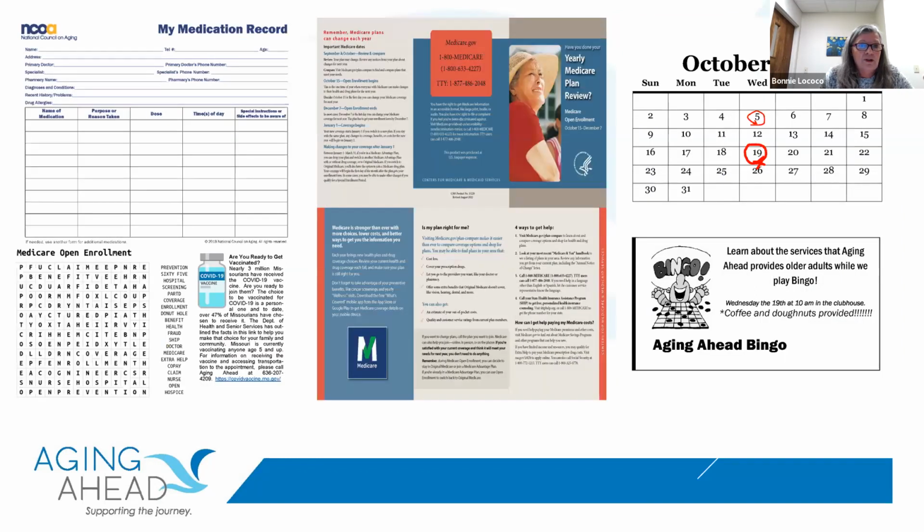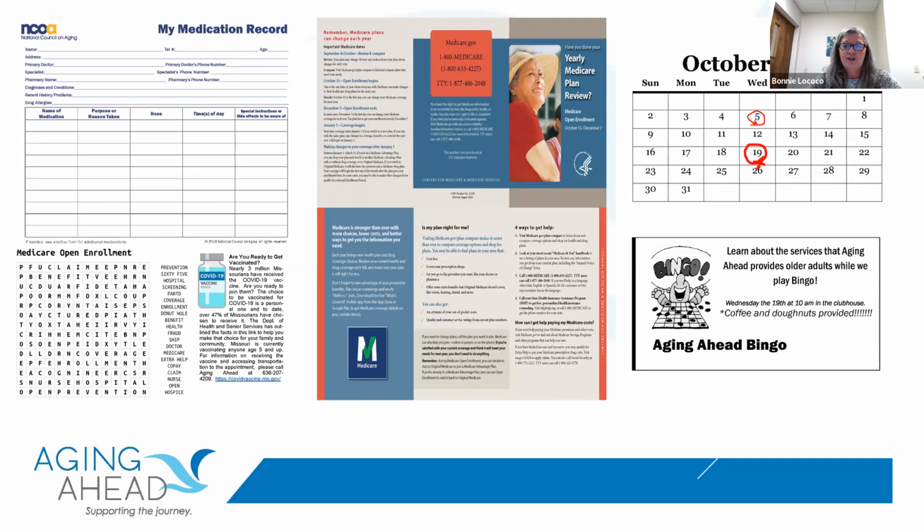And we included some information that a resident could put down to help keep track of their medications in case of an emergency. There was information about getting vaccinated for COVID-19, more information about Medicare. She had a calendar there and circled the dates that she was going to be available on site.